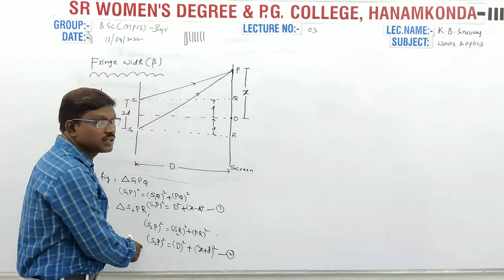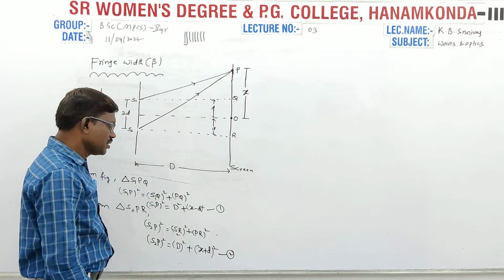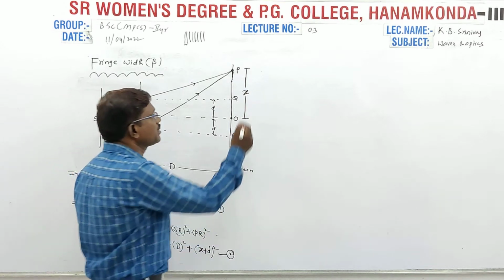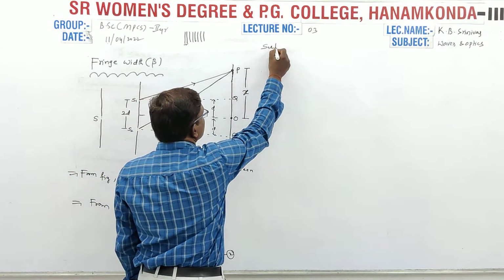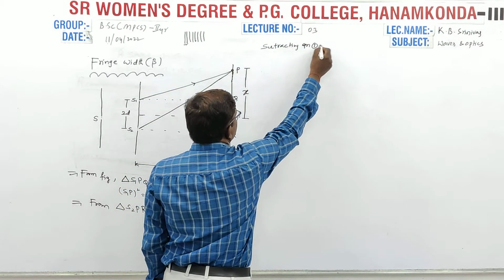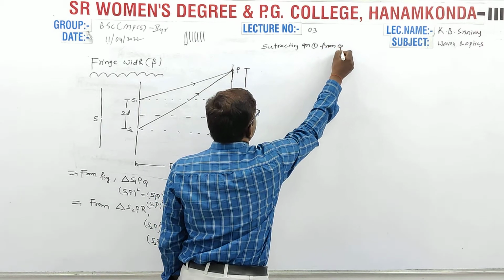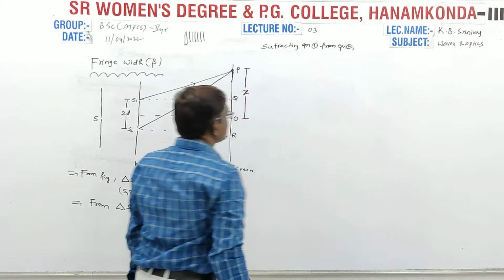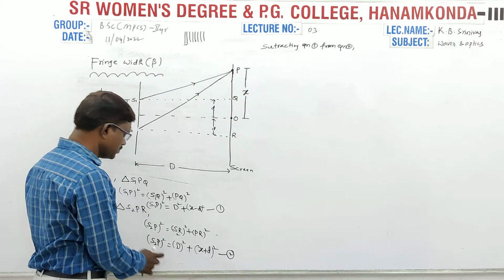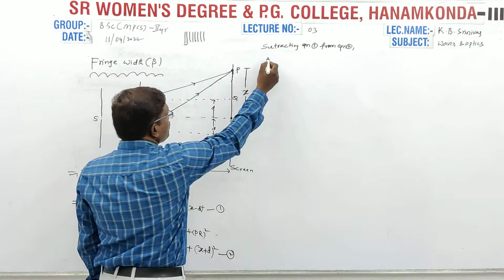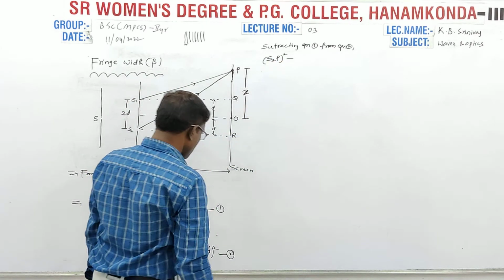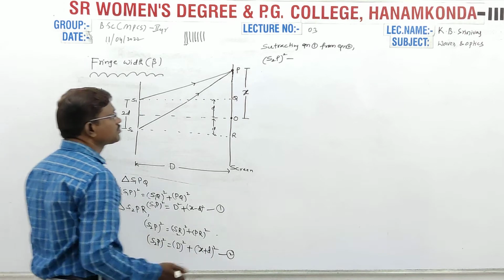So now subtract equation 1 from equation 2. We have to write equation 2 first. What is the LHS of equation 2? This one, S2P whole square, minus what is the LHS of equation 1?